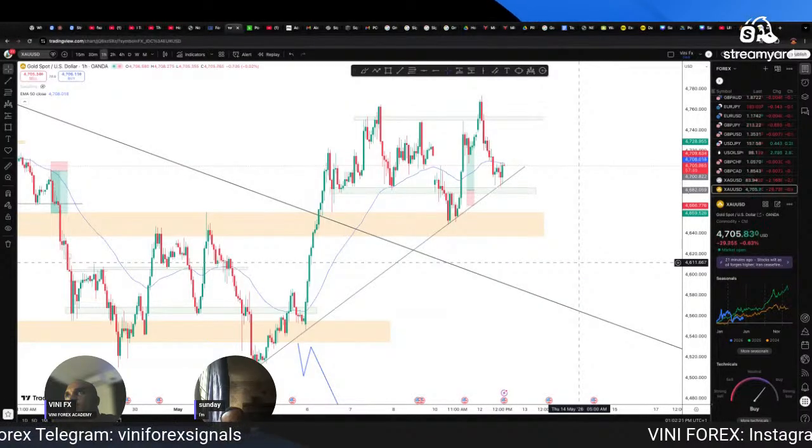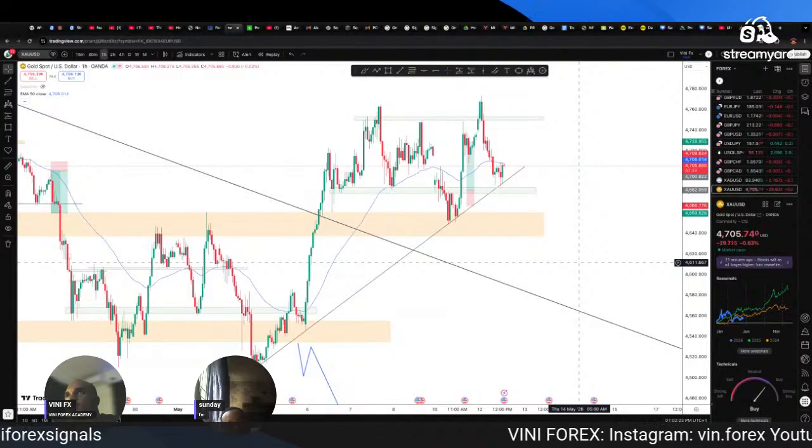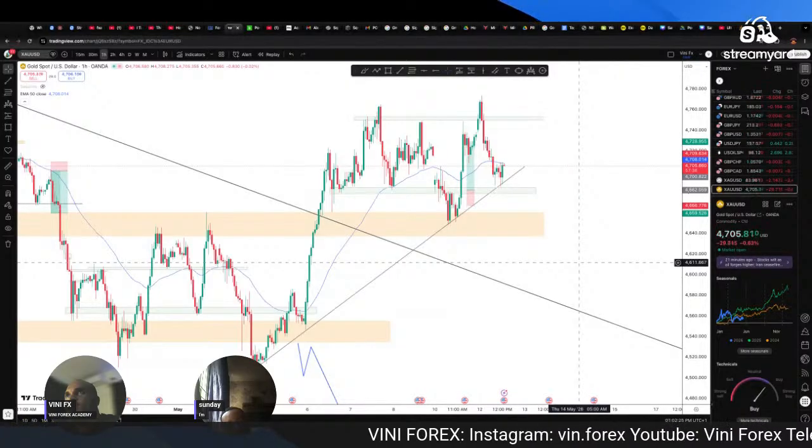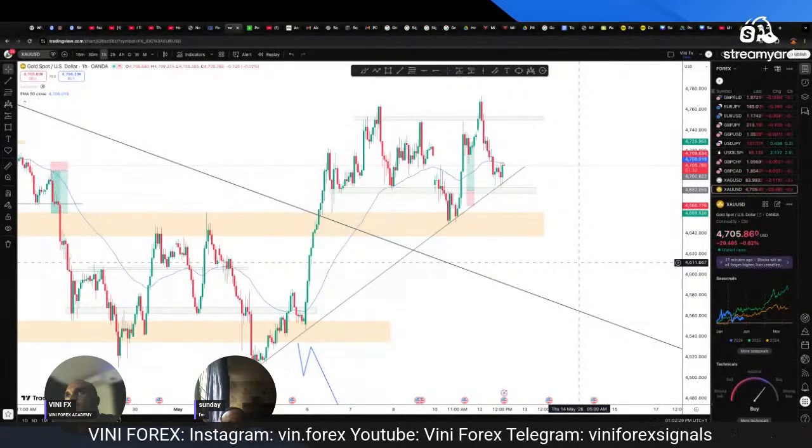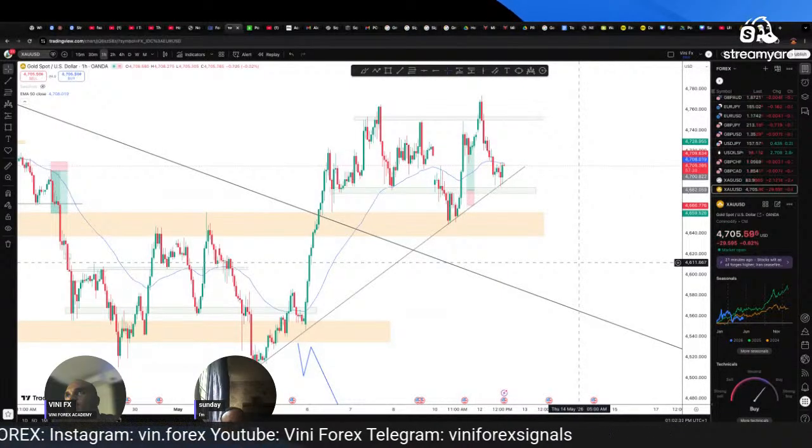They enter the market, take a buy or take a sell, and then close their position that same day. They don't leave it to the next day.